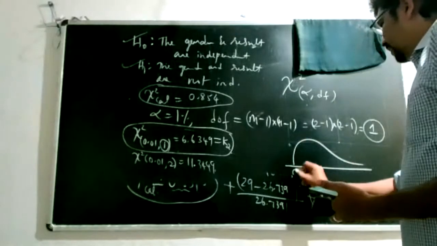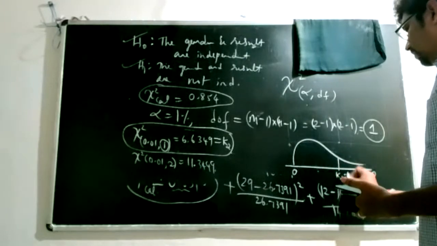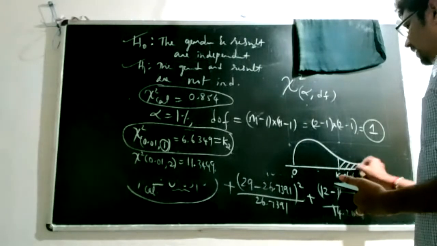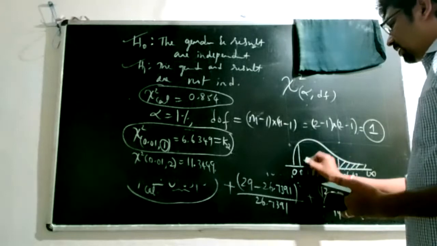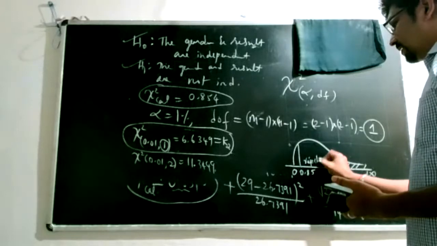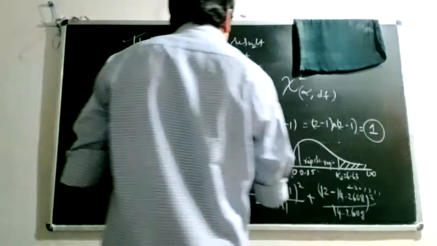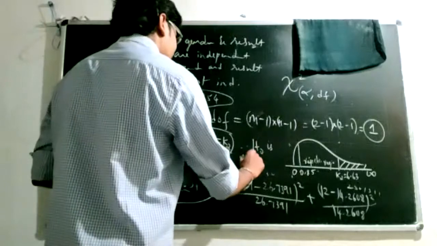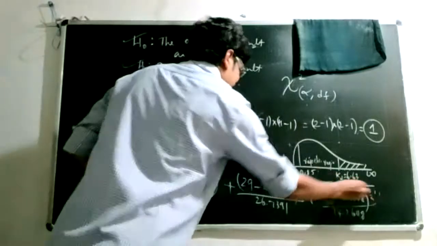Therefore, we do not reject the null hypothesis. This is my table value, 6.63, but my value is somewhere here, 0.85, which is not in the rejection region. Therefore, H naught is not rejected, or you could say H naught is accepted.